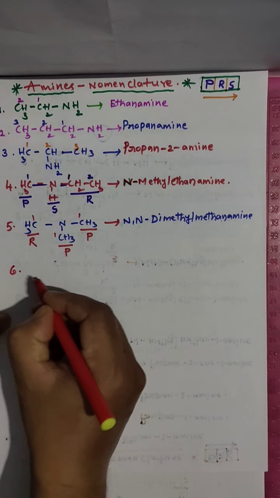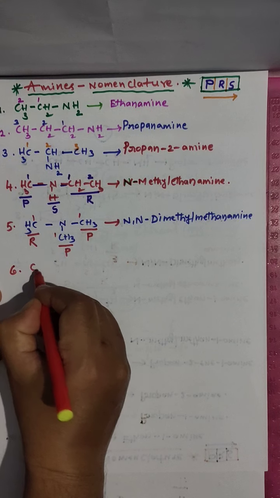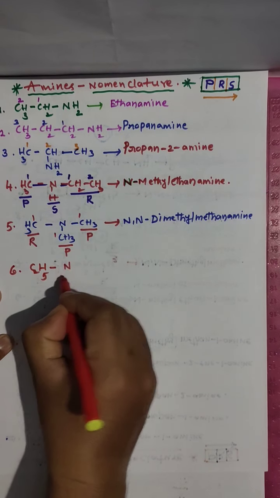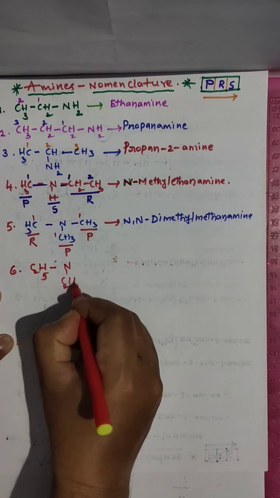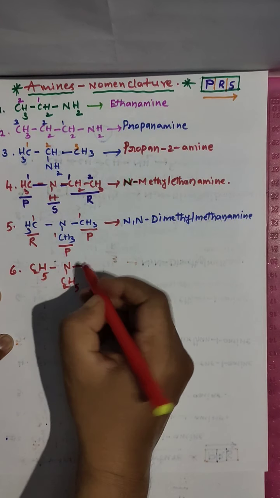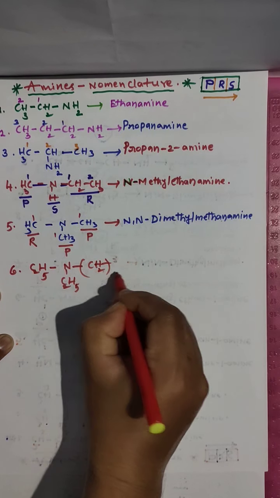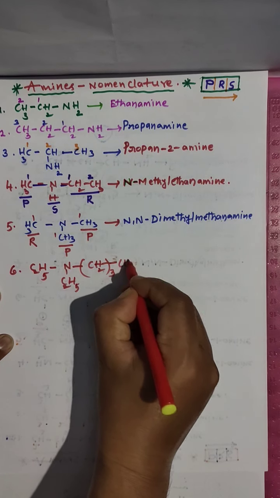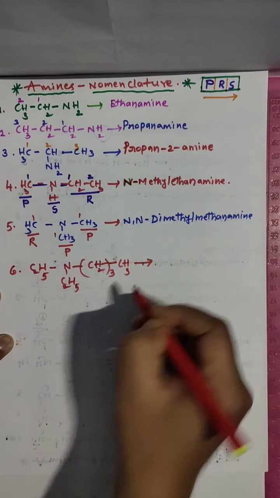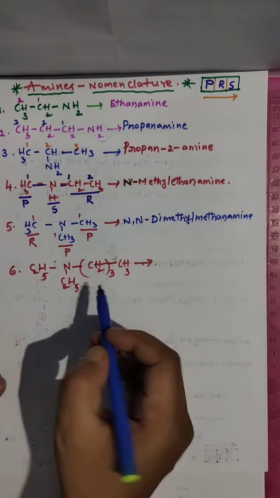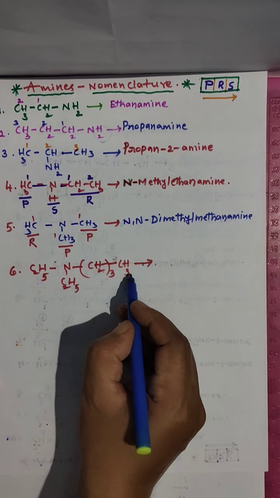Go for another one. Here C2H5 bond N, C2H5 bond, CH2 taken 3 times, CH3, and this is given now. Look here. On this side, how many carbons in total? 3, 1, 4.